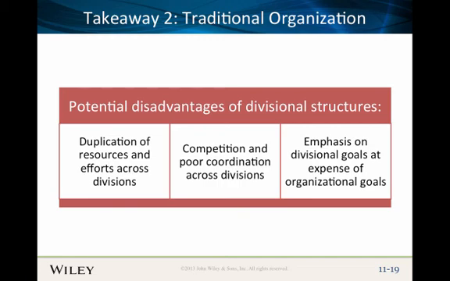But across divisions, interdivisional, if you will, there can still be competition. And just like functional structures, people might identify more with their division than they do with the entire organization. So they may be more concerned with fulfilling their divisional requirements than they will for the entire organization. And that could lead again to problems and competition.